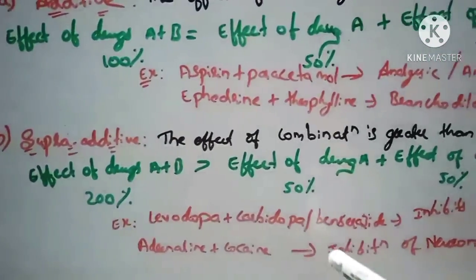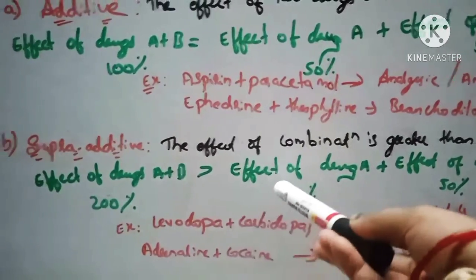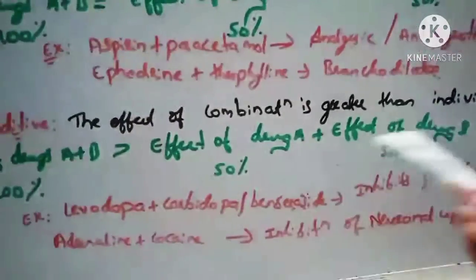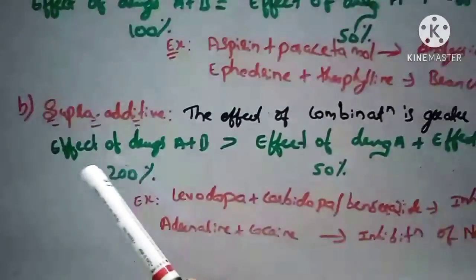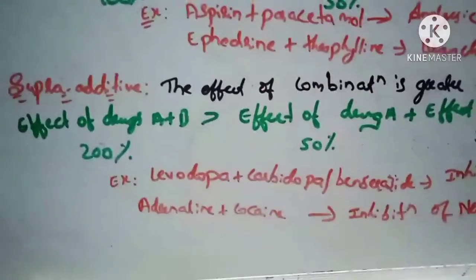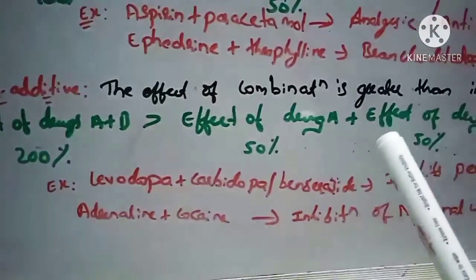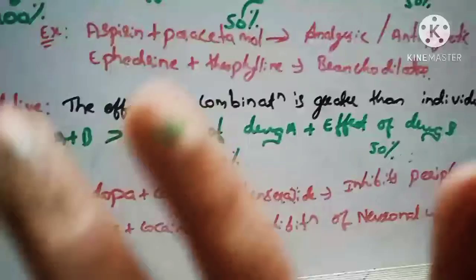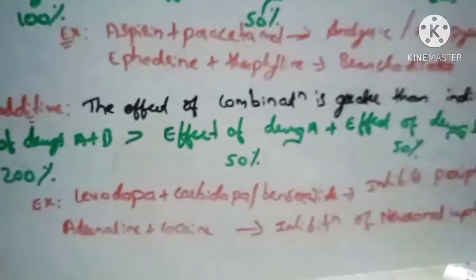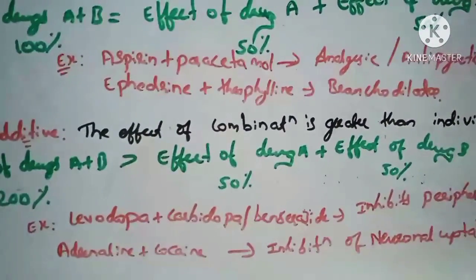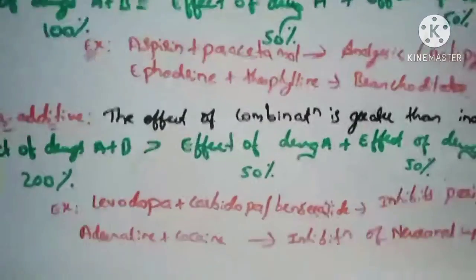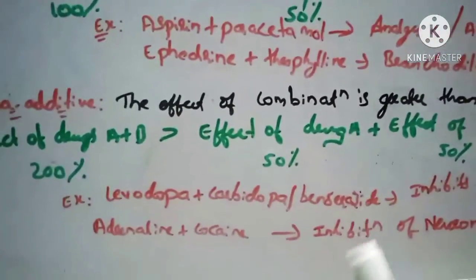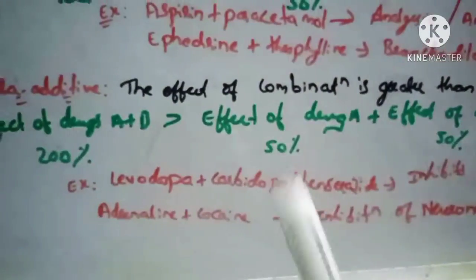The individual effects of drug A plus drug B show 50%, but the combination shows 200%. Individually it does not show action and does not stimulate the other drug, but by the combination it shows its pharmacological action. This is the supra-additive formulation.